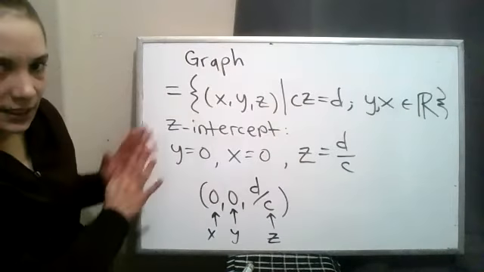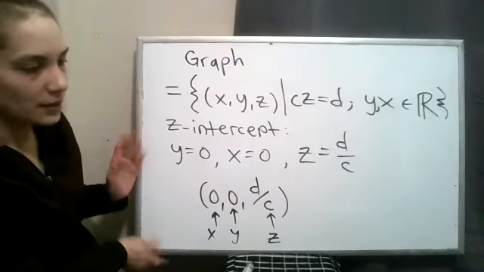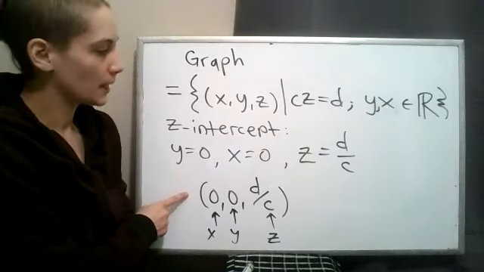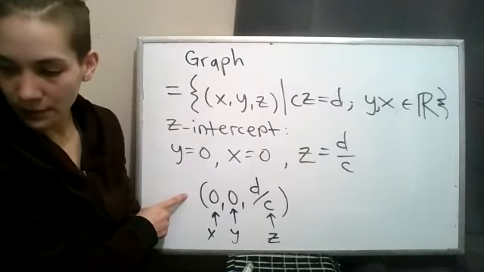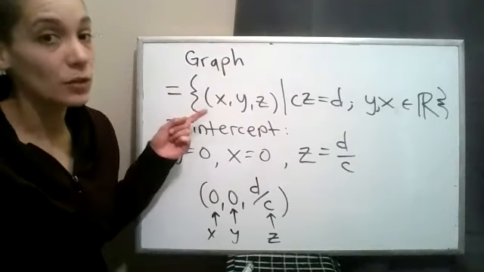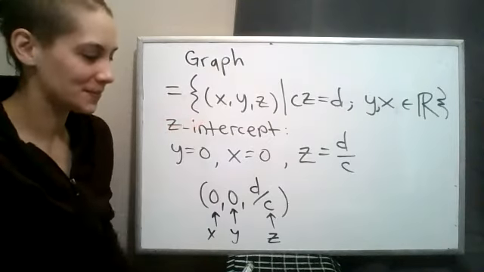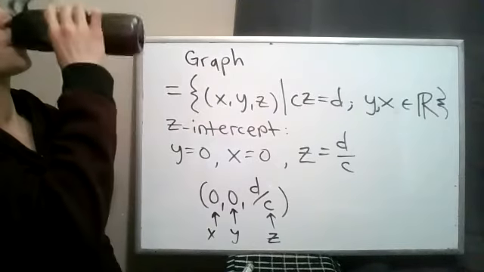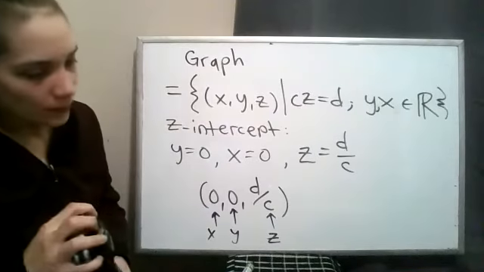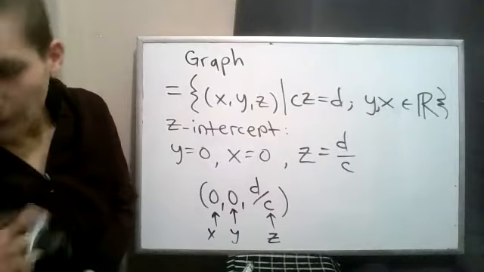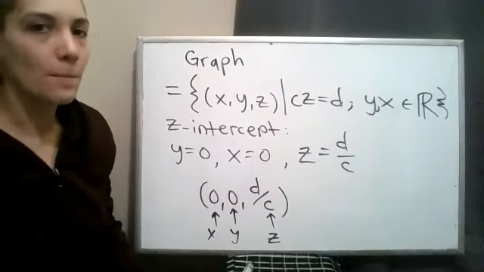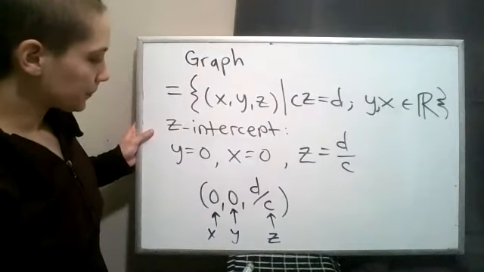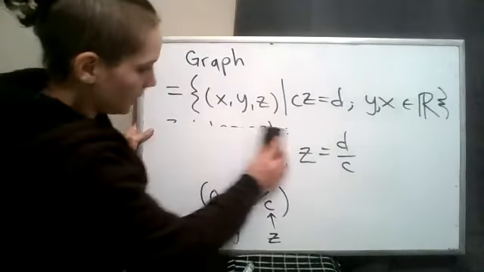Okay, so again, I'm just going to let this sit here. So if you're copying this down in notes, that's your z-intercept. And then we draw a graph, or we draw a sketch of the graph. Okay. So leave a point sitting there.